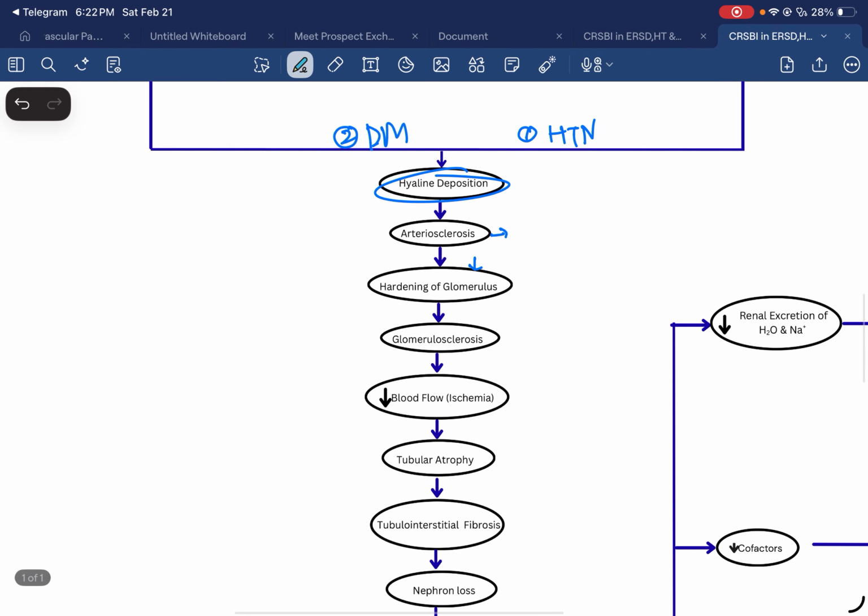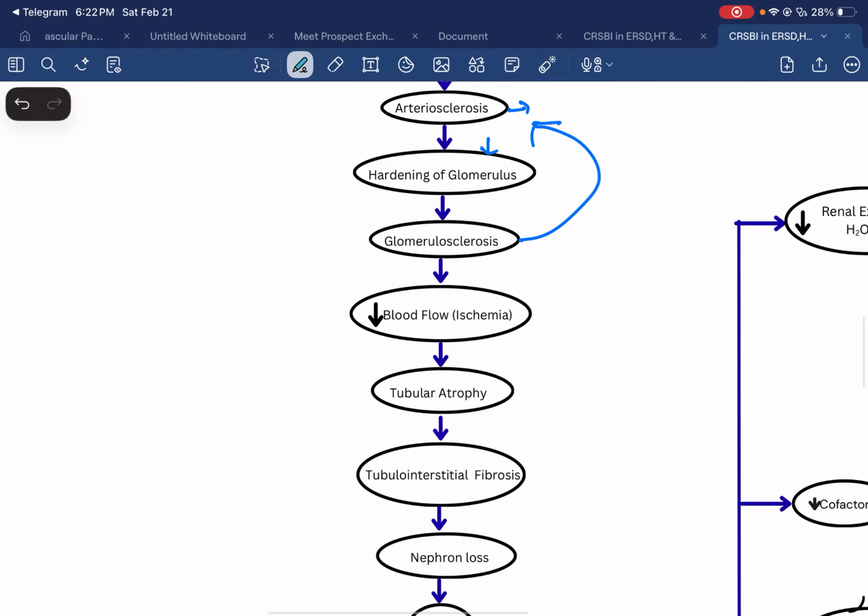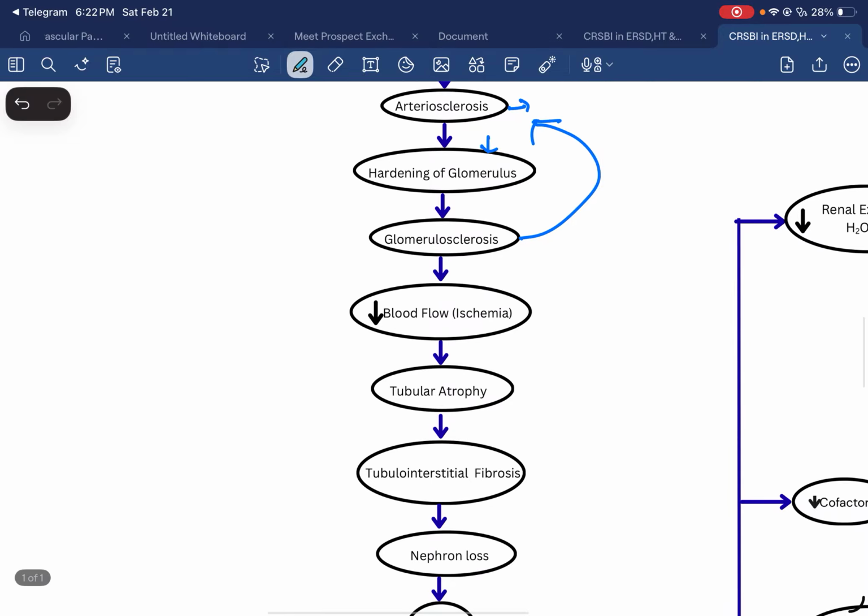This glomerulus follows the pattern such as this arteriosclerosis. We call it glomerulosclerosis. In glomerulosclerosis, there is decrease in blood flow. When there is decrease in blood flow, there is ischemia. Ischemia means less oxygen.